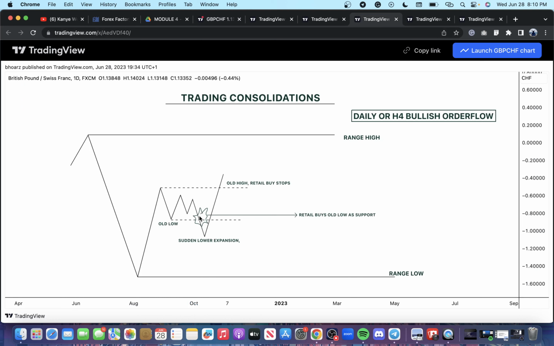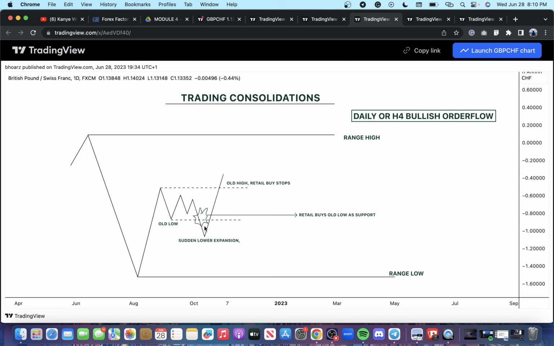As the market runs lower into the low here, retail is buying, and we call them weak long holders. So these are weak long holders entering the marketplace, looking for longs with sell stops below this old low. At the same time, as the market continues to screen below where retail anticipates support, there is retail now engineering sentiment to go and sell short because of this aggressive run lower.